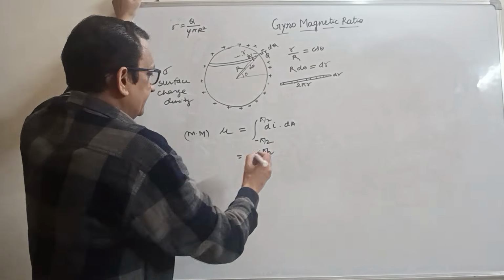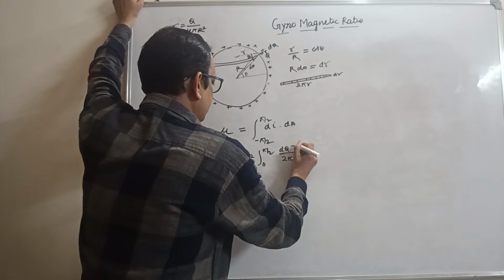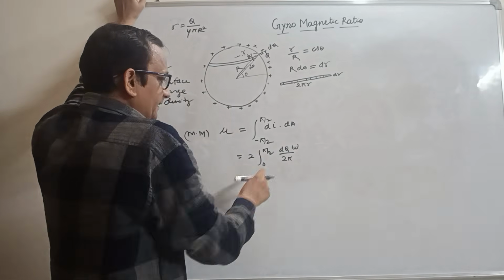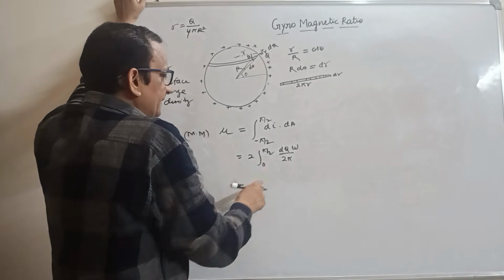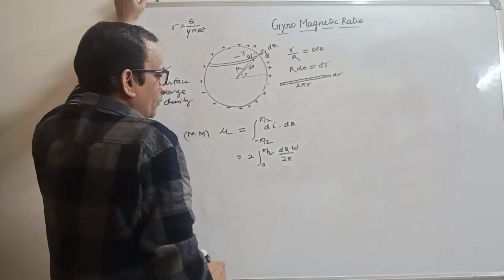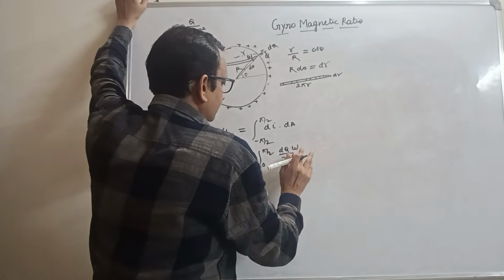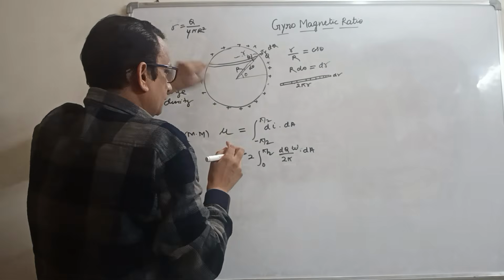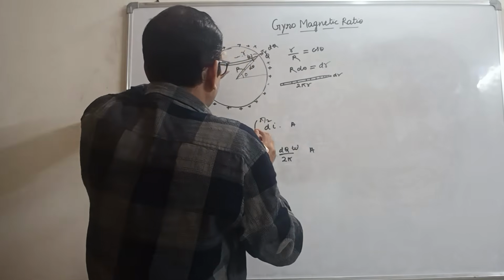And the value of dI is dq by 2 pi into omega. 2 pi by omega is the time period, dq by time period is current, current is dq by T, T is equal to 2 pi by omega, into dA. Not dA, it is the area of the ring, the area of the strip.